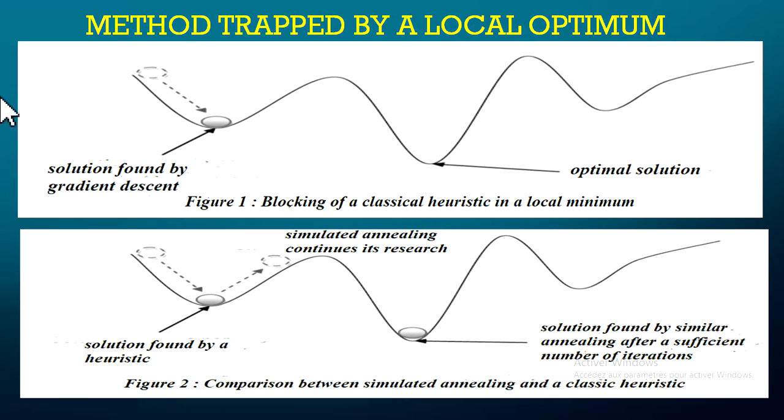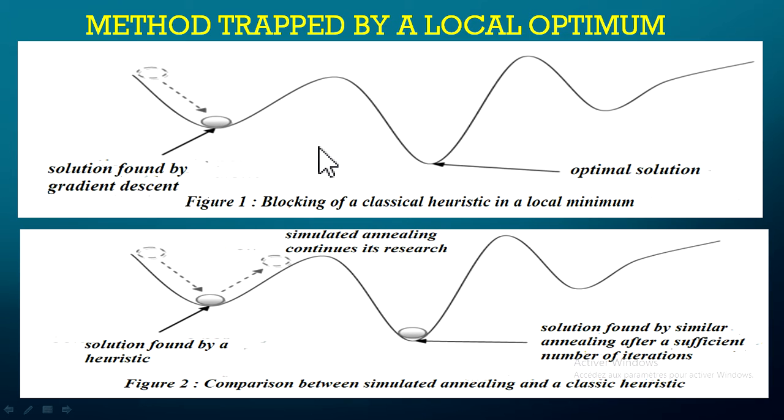So in the first figure, normally the optimal solution is this point, okay? But when we use a classical heuristic, we see that these 2 points are local minima, and this point is the optimal solution, which is the global minimum. So when we use a classical heuristic, we go directly to the local minimum. So this is the solution found by gradient descent, which is a heuristic.